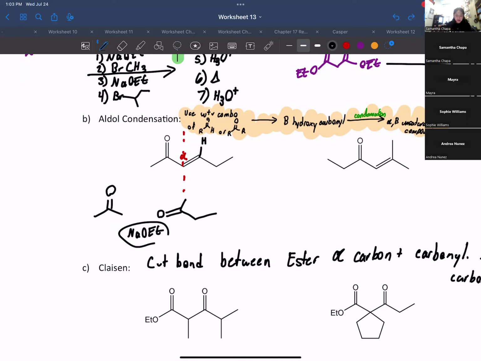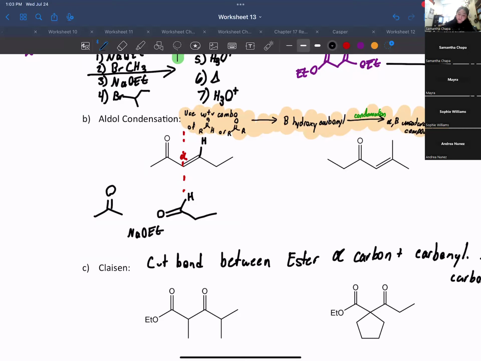And then of course you also need the base because you're going to need to make your enolate. Oh, I get what you're saying. So like this. Yeah, I made a mistake. One of them is supposed to be the aldehyde. Thank you.